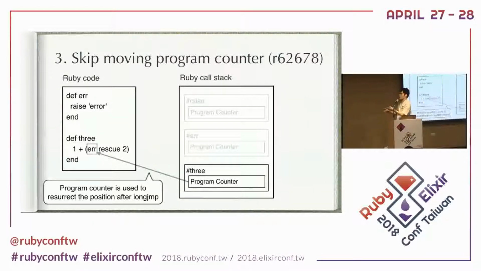But we can start from the 1+2 because the 3 method frame has the program counter pointing to the error part. So the program counter is needed to resurrect the state after the exception is raised.